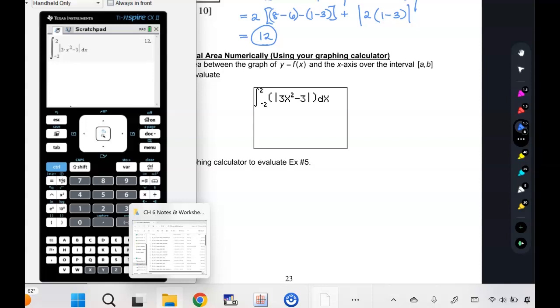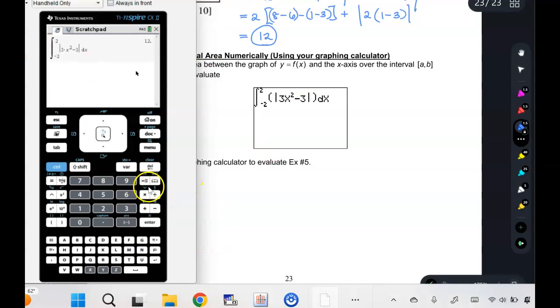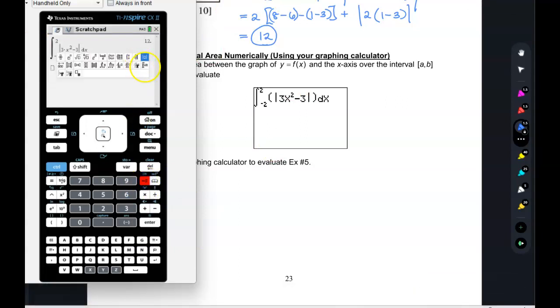All right, do you see the integral sign? Right here. And then do you do the absolute value? Okay, absolute value is in that same area, the bottom left.